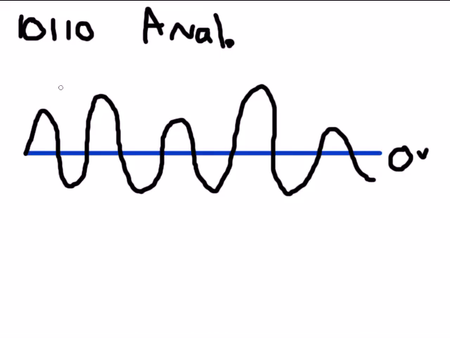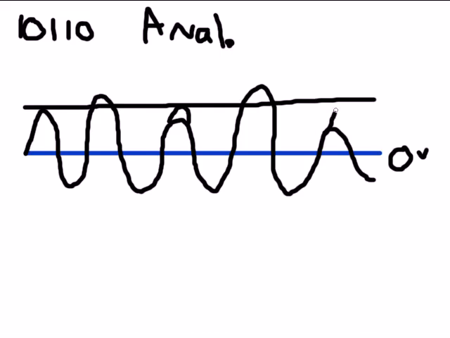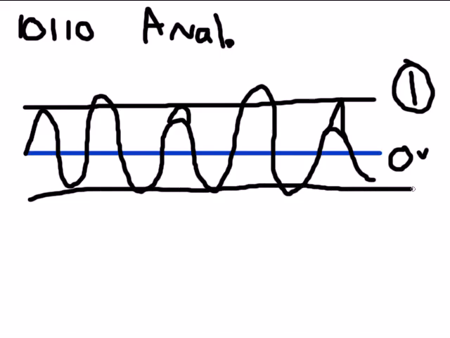Anytime you have a positive volt right here, and of course these are supposed to be touching right there, I just really suck at drawing, then your hardware on your network is going to read a 1. And anytime you have a negative volt, your hardware is going to read a 0.